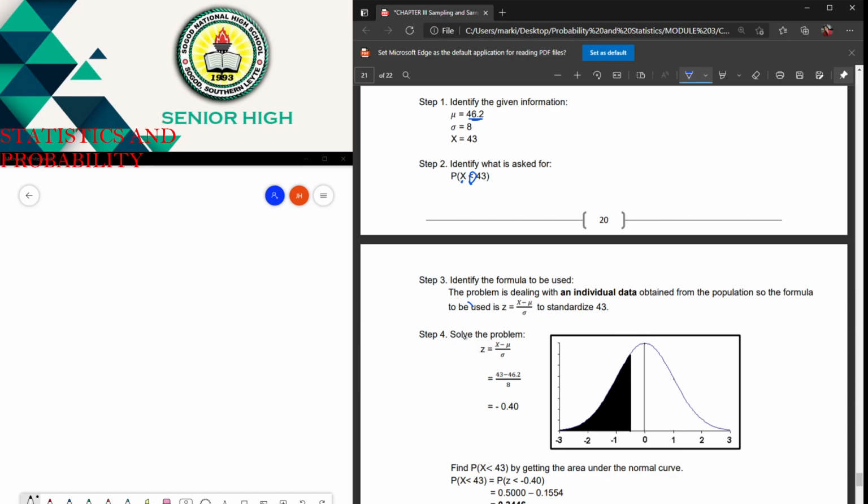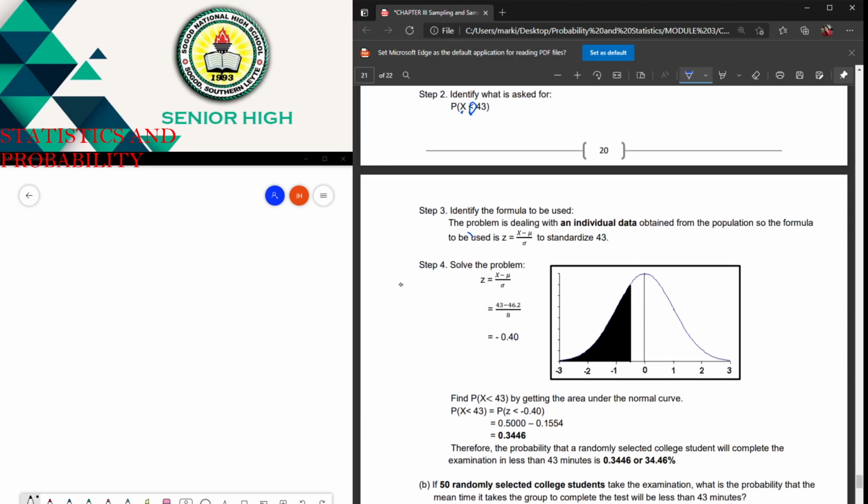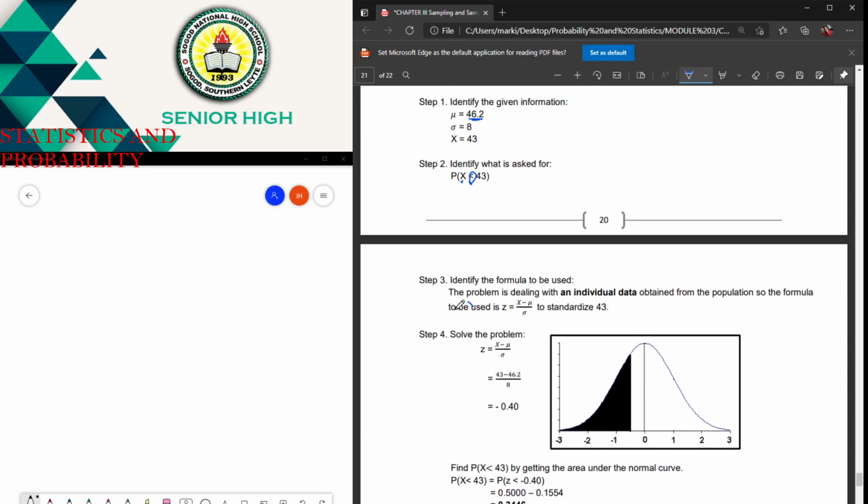Solve the problem in step 4 by substitution. Go back to the given: your x is 43 minus 46.2, the mu, over the standard deviation, which is 8. That is negative 0.40.